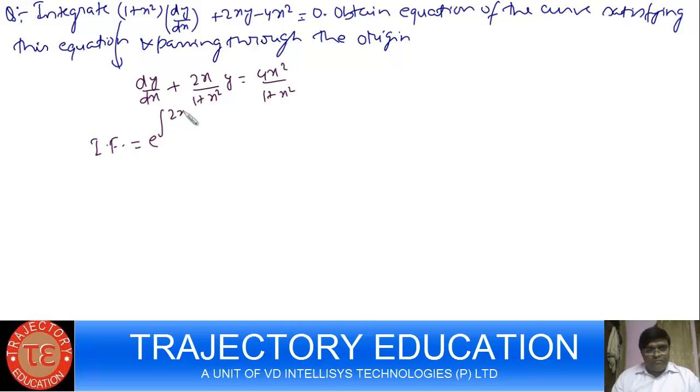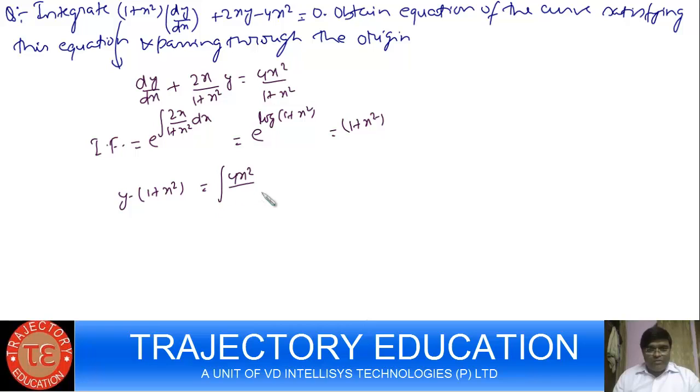So your integrating factor is e to the power log (1 plus x square), so the integrating factor is 1 plus x square.